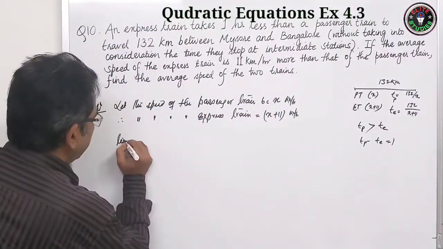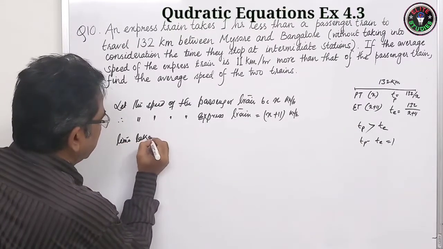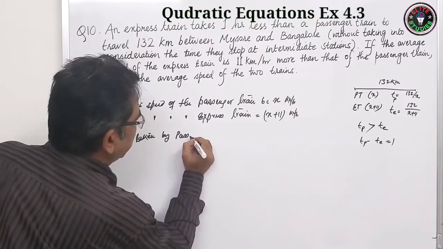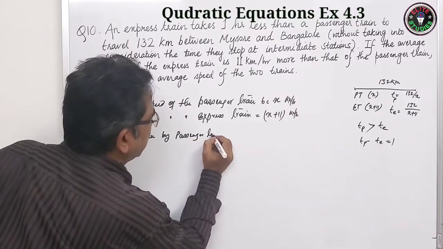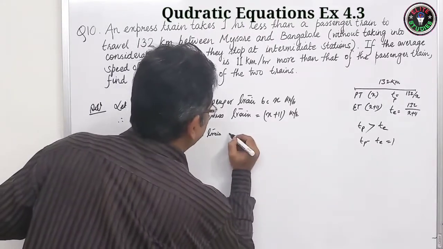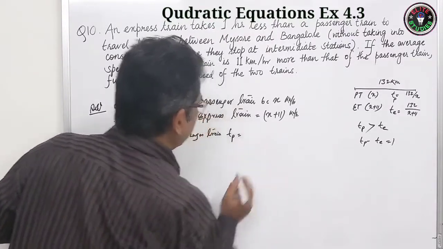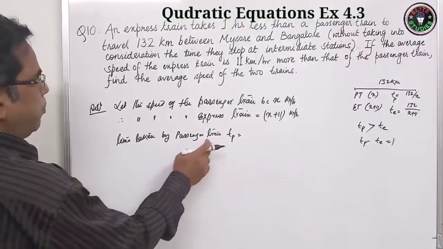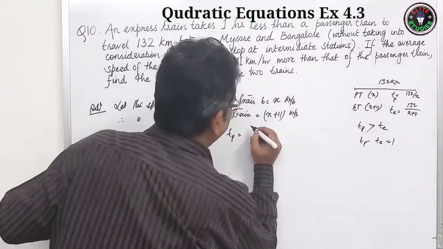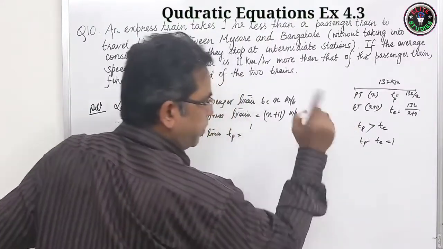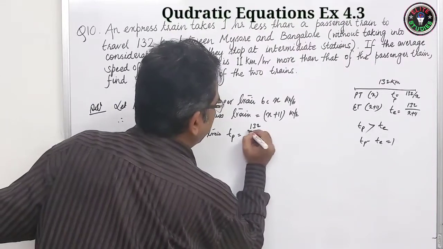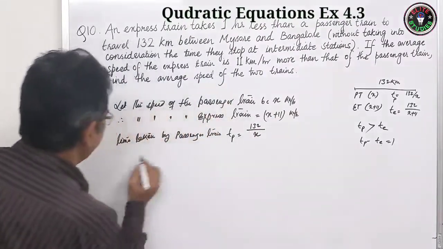So the time taken by the passenger train, TP, is equal to, time is distance by speed, distance is 132 and speed is x.